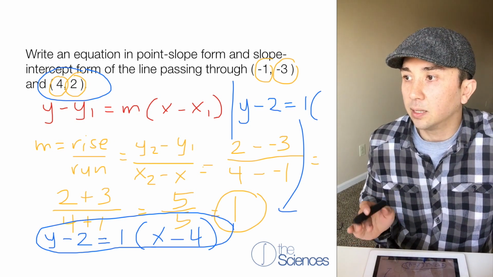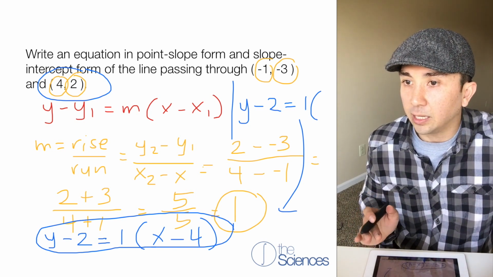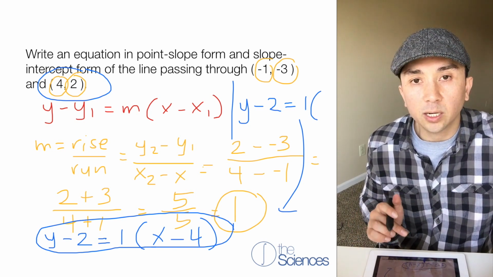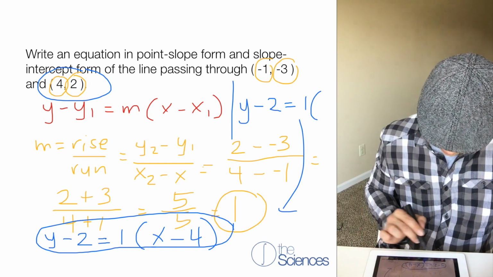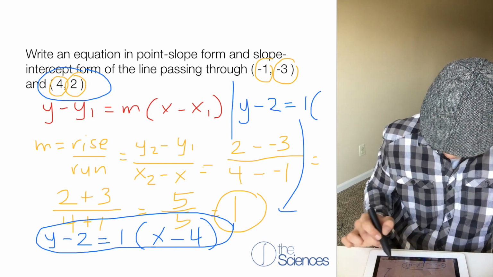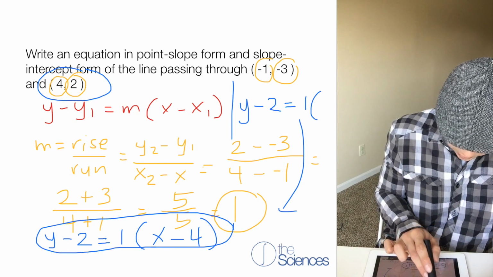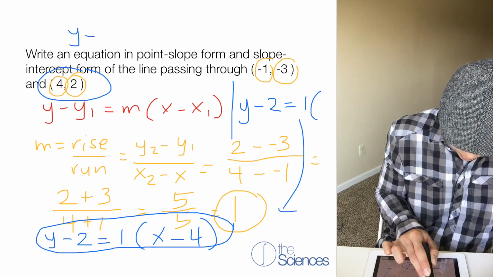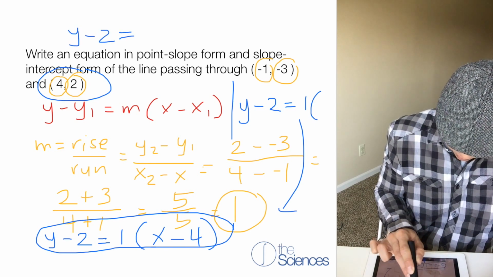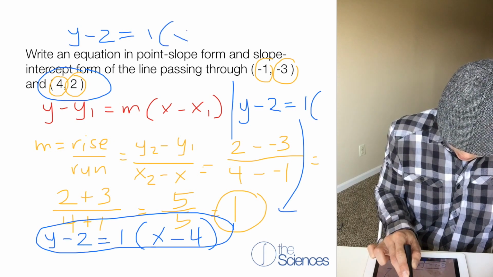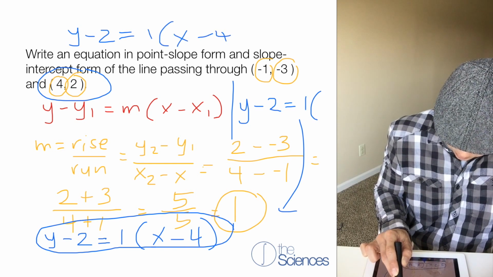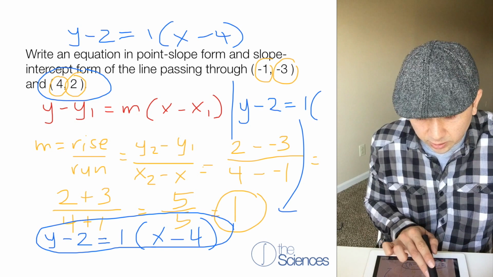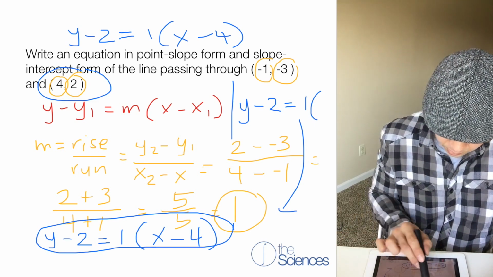Now to write it in slope-intercept form, we're going to solve for y. So let's take this equation, y minus 2 equals 1 times x minus 4. Now we're just going to solve for y.